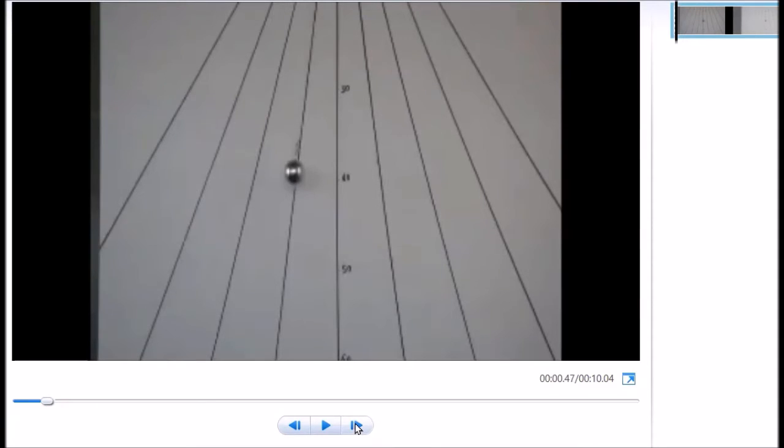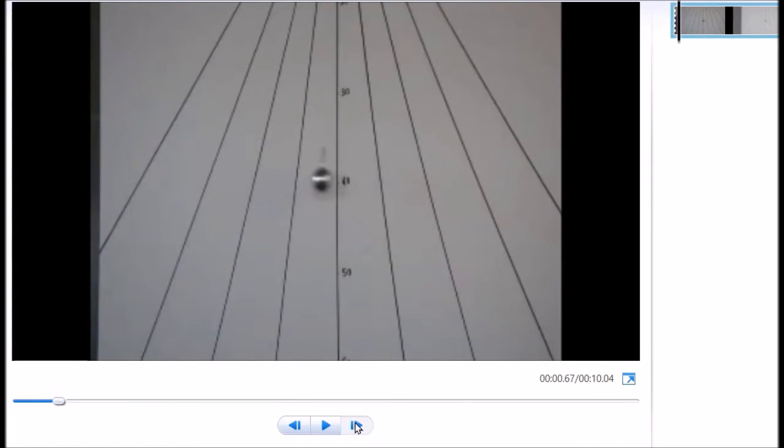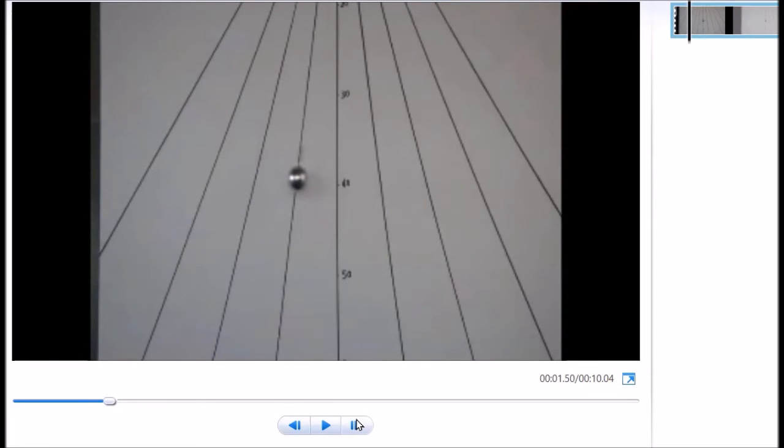Follow. Click slowly. Go through. Adjust exactly the maximum point.